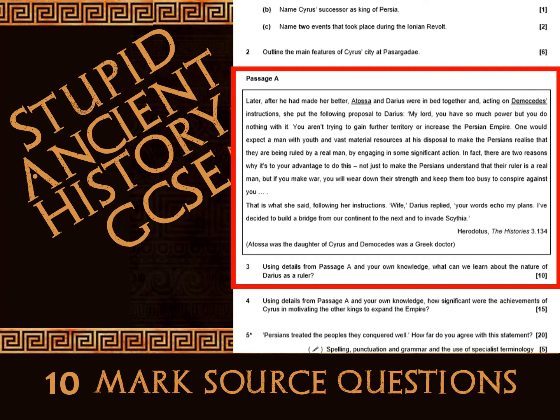You can see it is question 3, using the details of passage A and your own knowledge, and so on. Realistically, this is the first major question you'll have to do on the exam paper. It does require reading the source, it does require using your own knowledge, but realistically it's not that big a mountain to climb, and we'll carry on and look in a bit more detail. But this is where to find them. They're pretty obvious, you can't avoid them, they're on both papers.